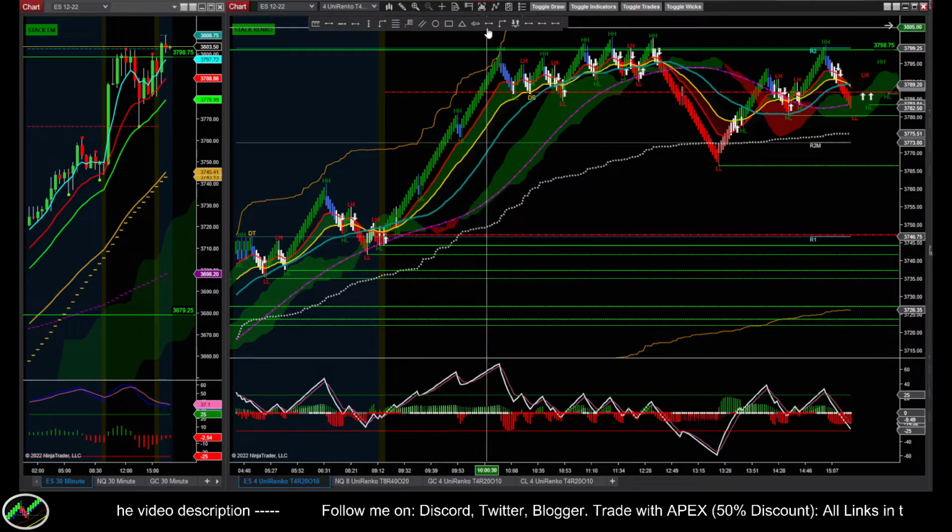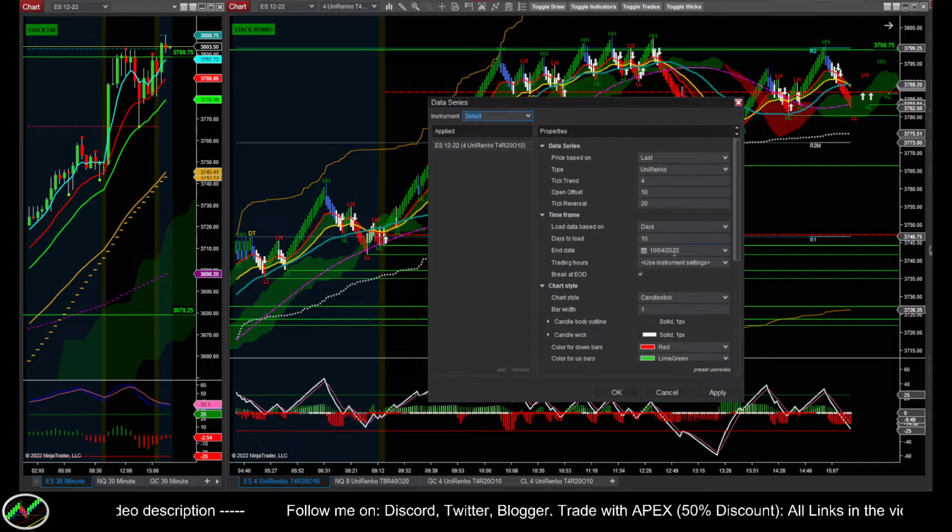Half of this is the small size of the entry chart. So for the anchor chart, if I'm trading the 4/10/20, it would be double the size on this one.